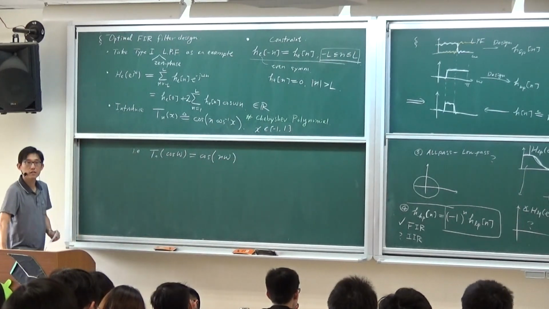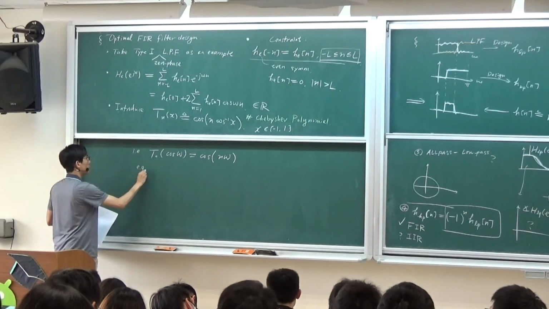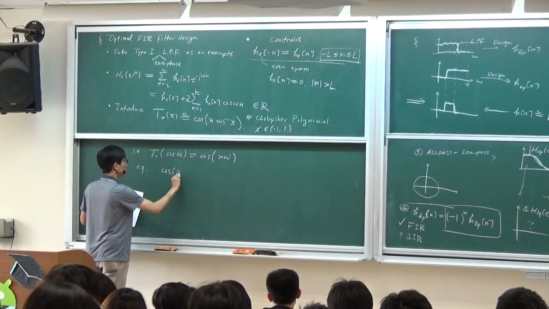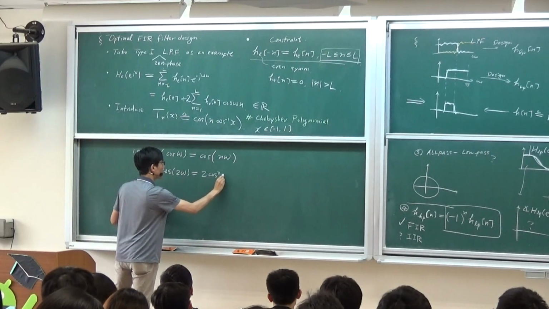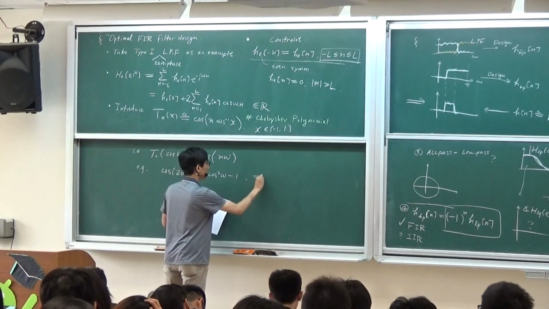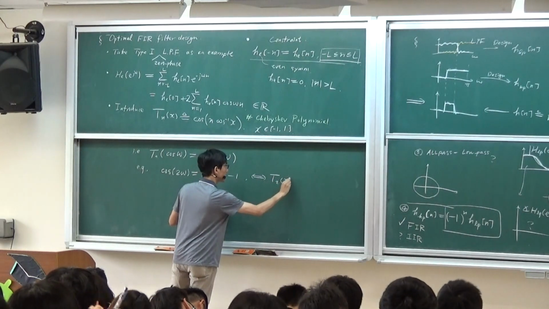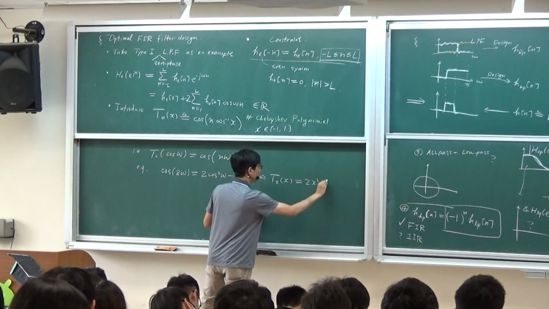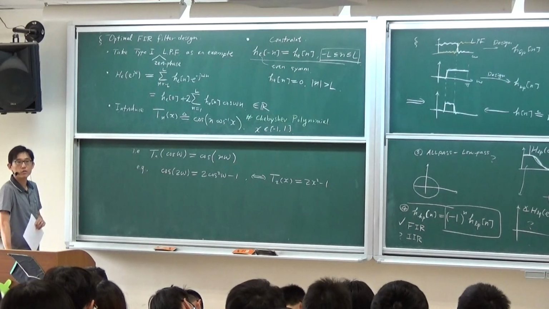Is that clear enough? It becomes clearer with an example. Let's say, for example, cosine 2ω. Cosine 2ω is 2 cosine squared ω minus 1, right? So in other words, this T_2 of x, the second order Chebyshev polynomial, is simply 2x squared minus 1. That's the idea. It's actually not that hard to understand.